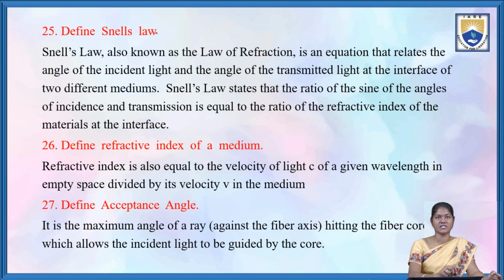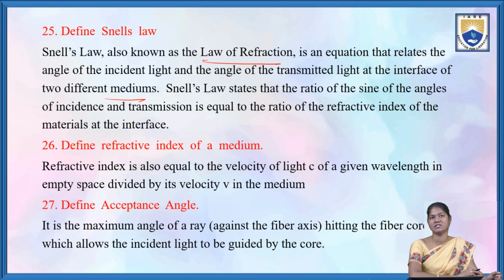Define Snell's law. Snell's law, also known as the law of refraction, is an equation that relates the angle of incident light and the angle of the transmitted light at the interface of 2 different mediums. Snell's law states that the ratio of sine of angles of incidence and transmission is equal to the ratio of the refractive index of the materials at the interface.